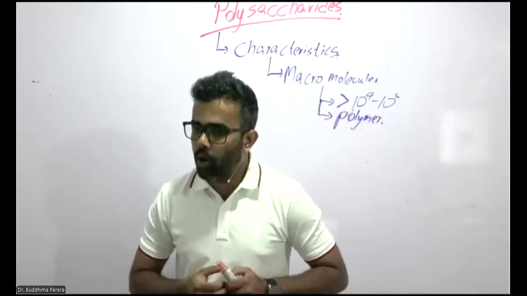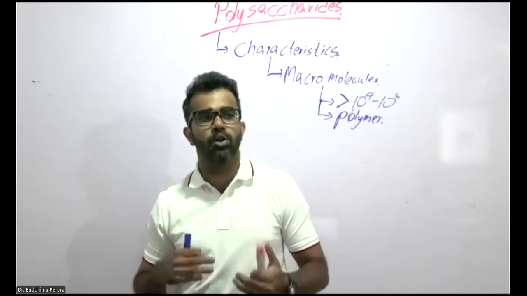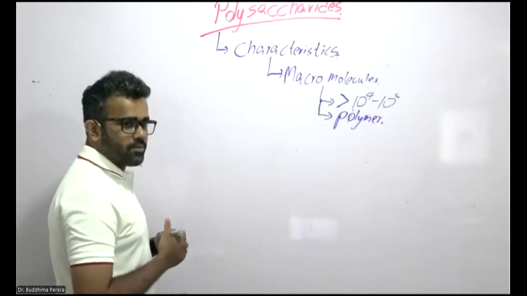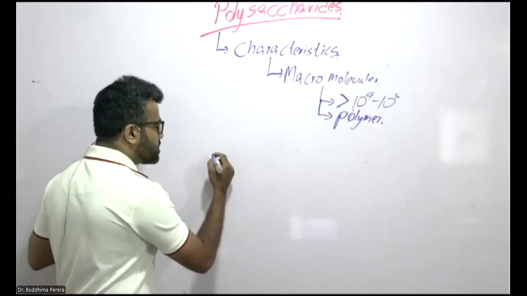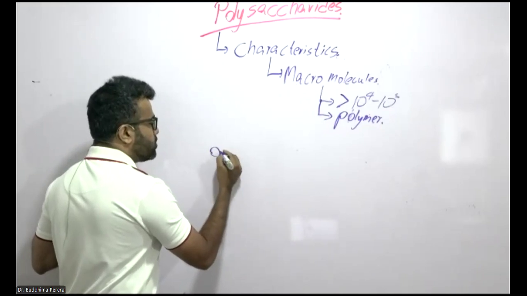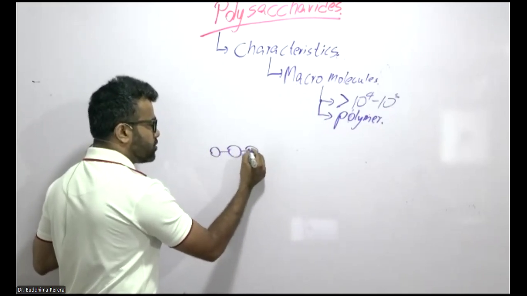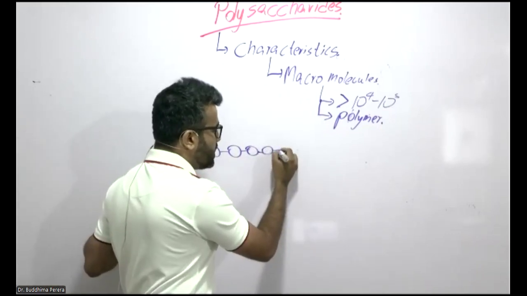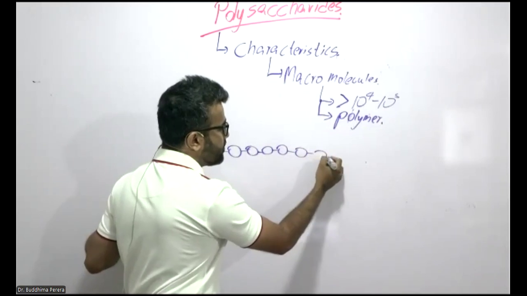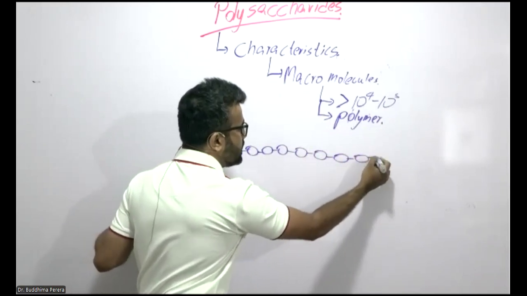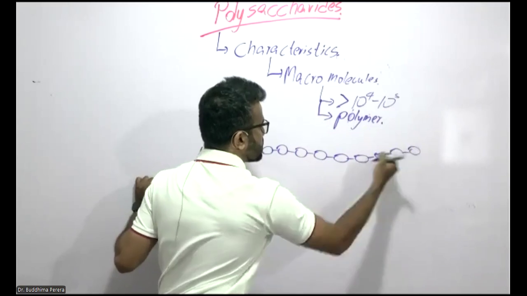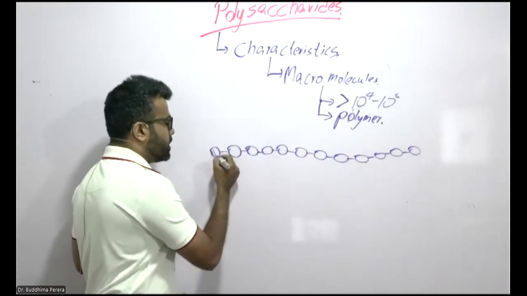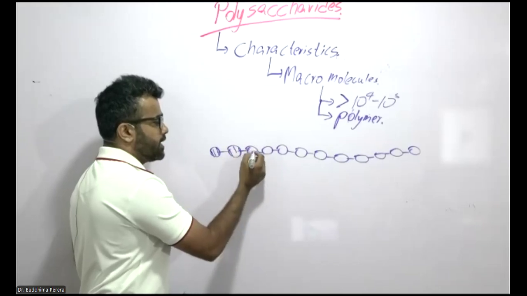What is the meaning of polymer? What is the meaning of polymerization? You remember this from O-Levels, polymerization. Polymerization means you have the subunits joined together in a linear sequence, many subunits joined together linearly.